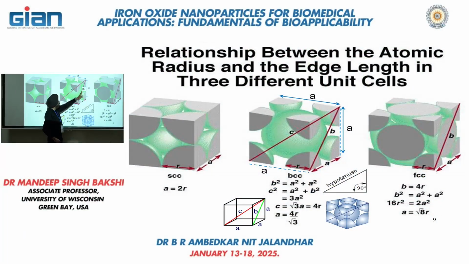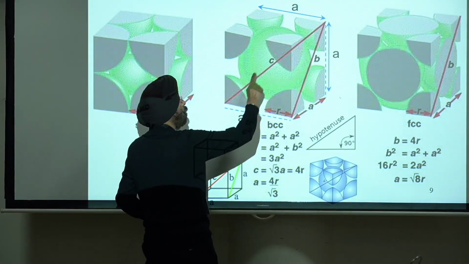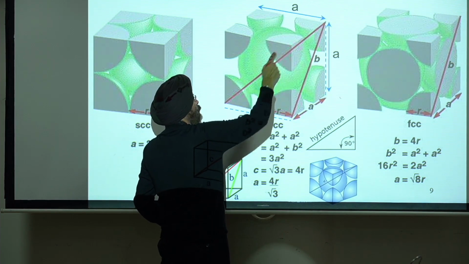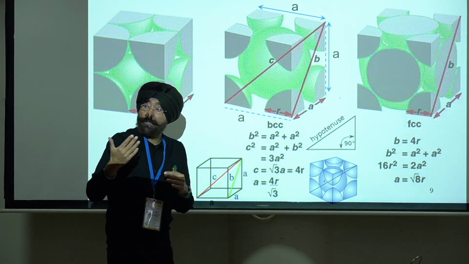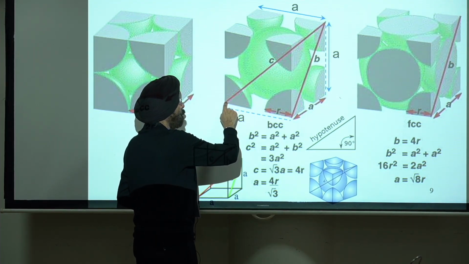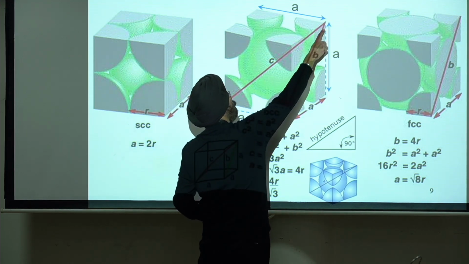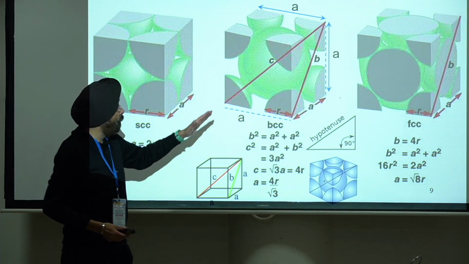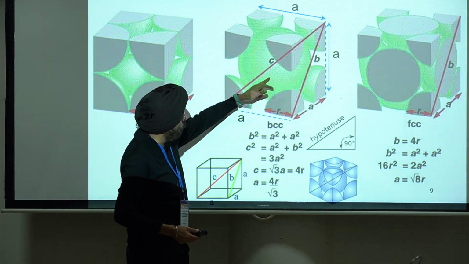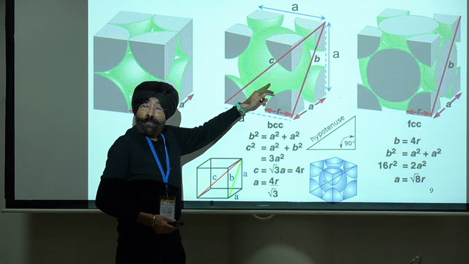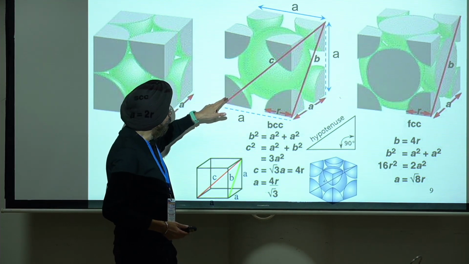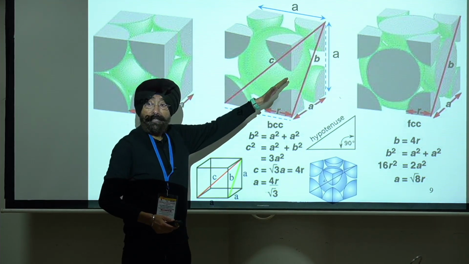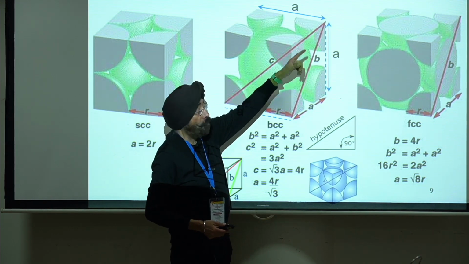This is the side of the triangle, but the hypotenuse in this case is running from this corner not to this corner, because both corners are on one side of the face. This line is running from this corner to exactly the diagonally opposite corner. Therefore, it is running through the central atom, reaching the other opposite corner.